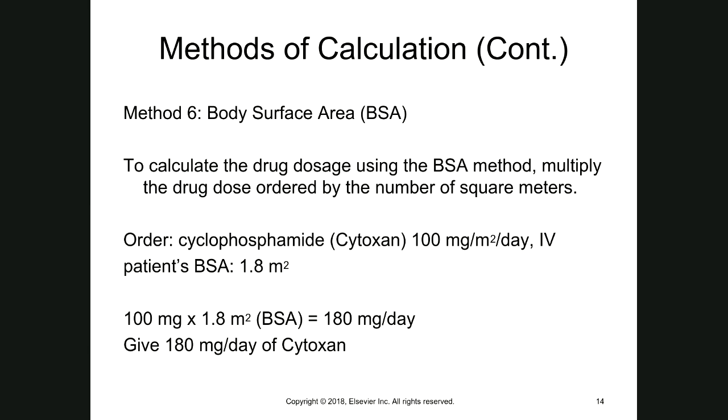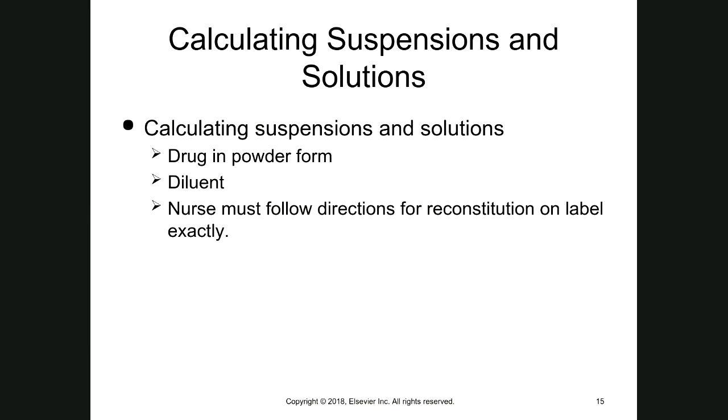Now, when you're reconstituting the medications, parenteral drugs may come in a powder form, and due to the drug instability in liquid, you want to be precise in diluting that medication.